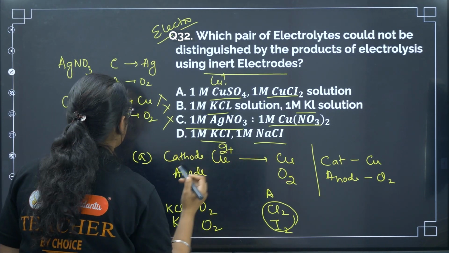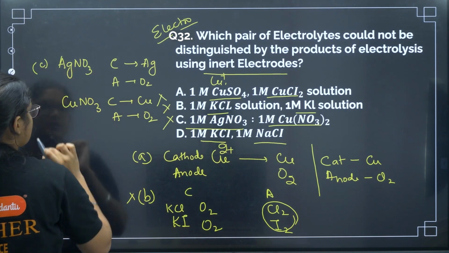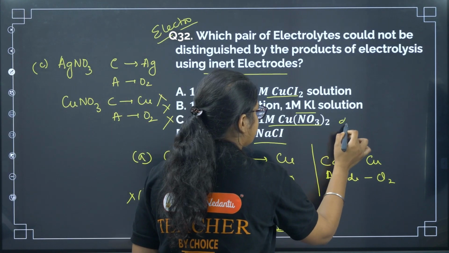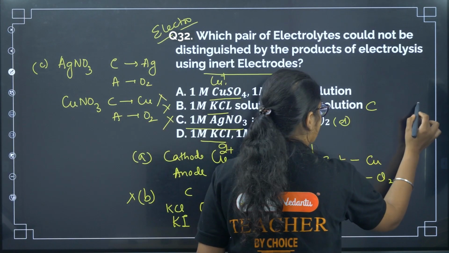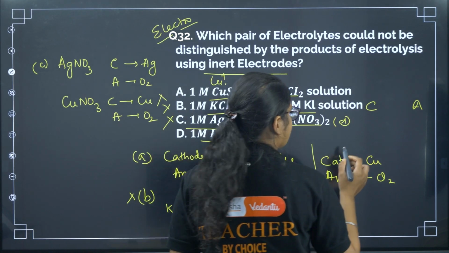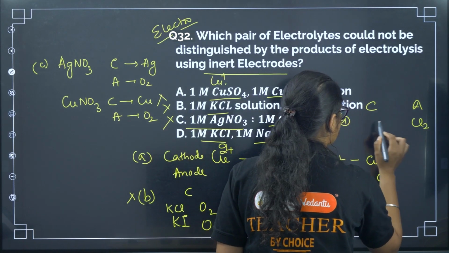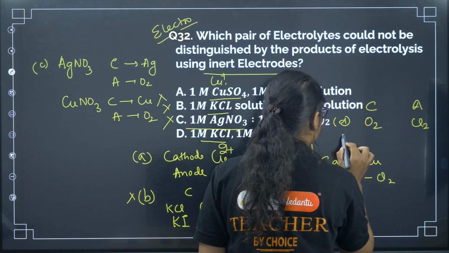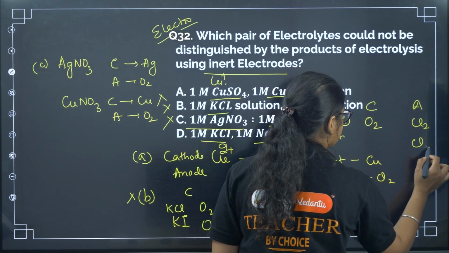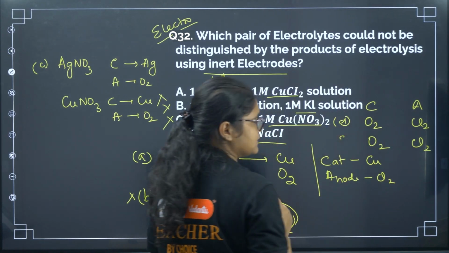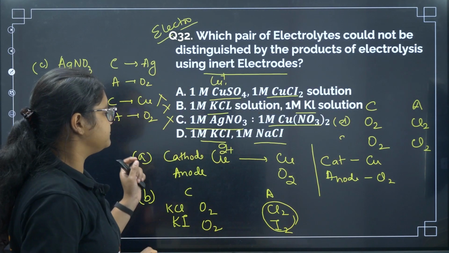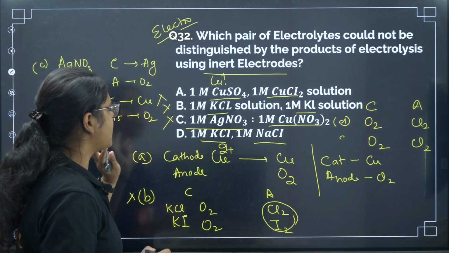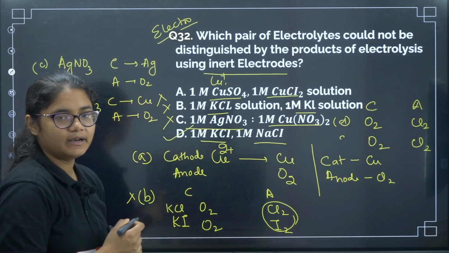Now if you see KCl and NaCl, this is option number D. For KCl, at the anode there will be chlorine, and at the cathode hydrogen. For NaCl also, it will be chlorine at the anode and hydrogen at the cathode. So that is why the correct answer for this question will be option number D.